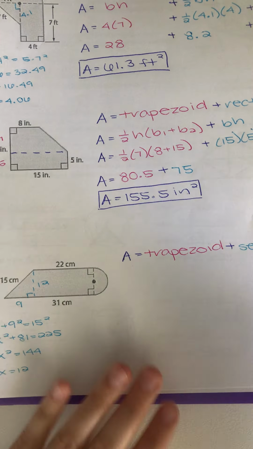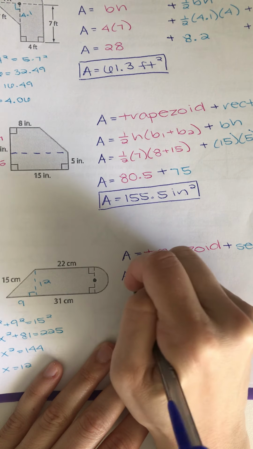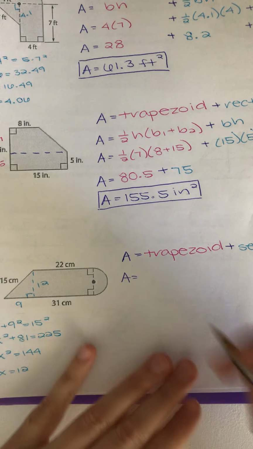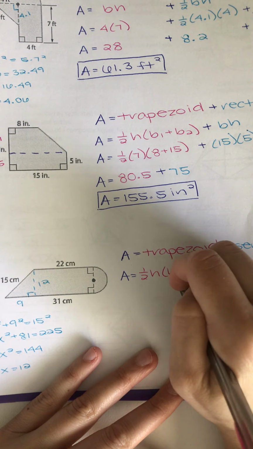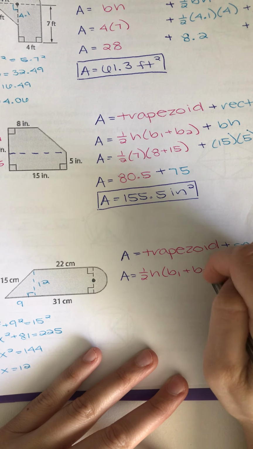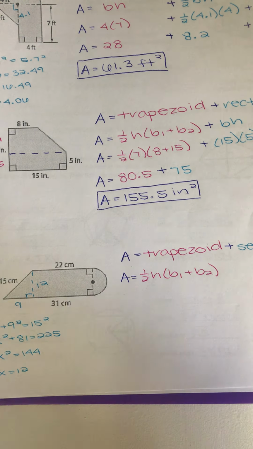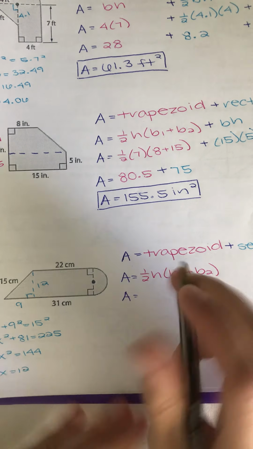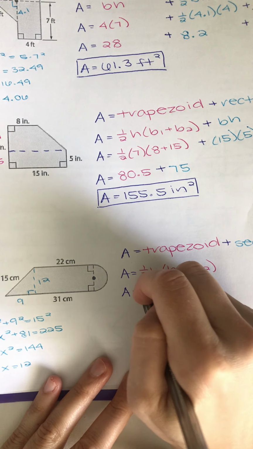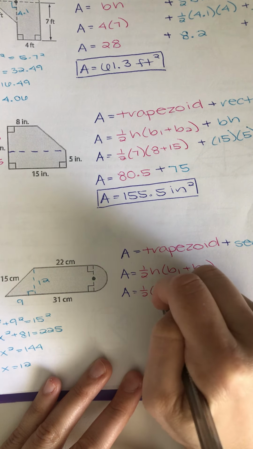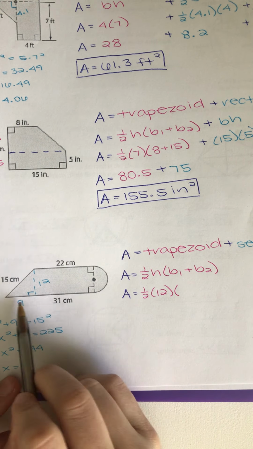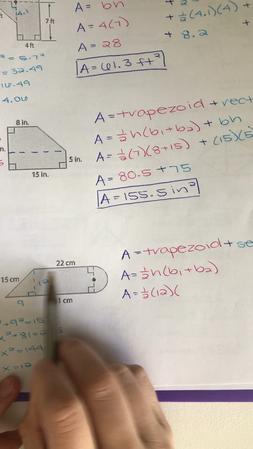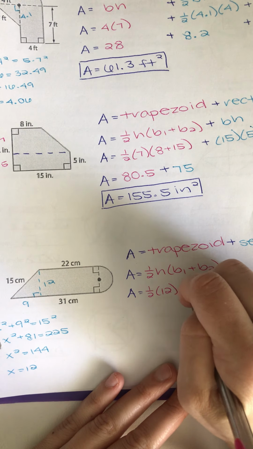So when I go over to my trapezoid, I have 1/2 height, base 1 plus base 2. My height is 12. Remember, I'm now looking at this whole thing, so my whole base is 31 and my whole base here is 22.